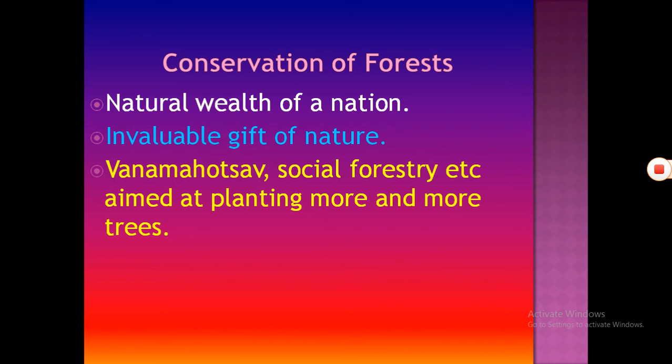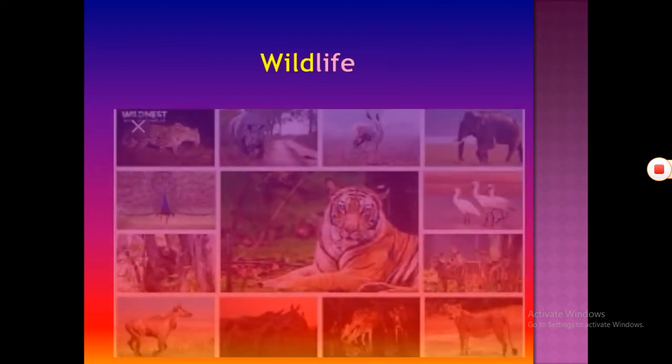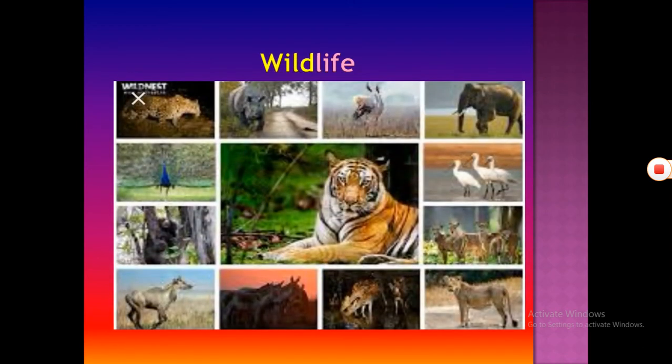Next we can move to wildlife. When we hear the word wildlife, the picture that comes to our mind is that of various animals like tigers and lions. But wildlife is a term with a wider meaning.